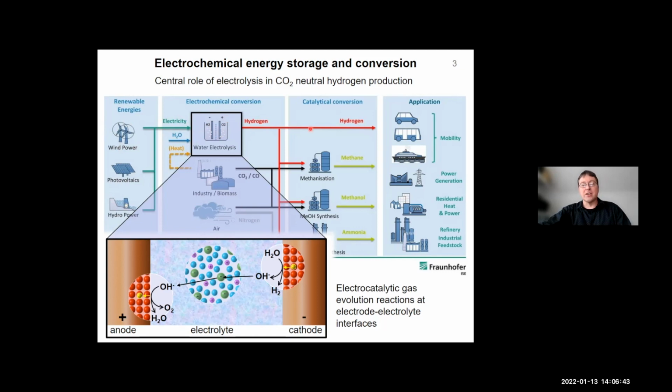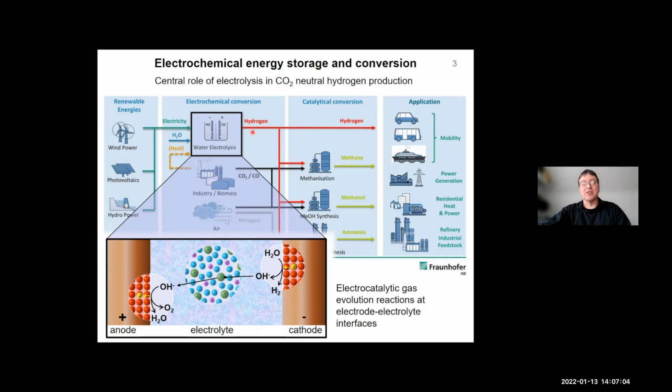You can use the hydrogen in fuel cells, but also for making all kinds of base chemicals. At the moment, the hydrogen comes from fossil fuels, but the plan is of course to produce it CO2 neutral, which you do by water electrolysis.